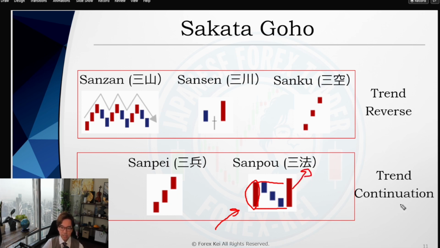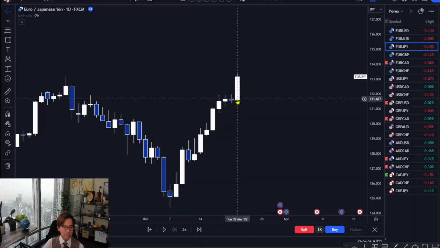So this is a trend continuation pattern. Again, this candlestick is bullish, and then it's engulfing 2 future candles, and the most recent one broke. So this is the trend continuation pattern.